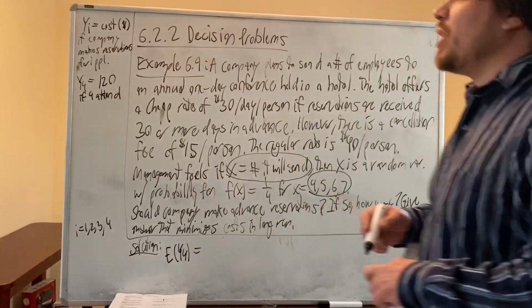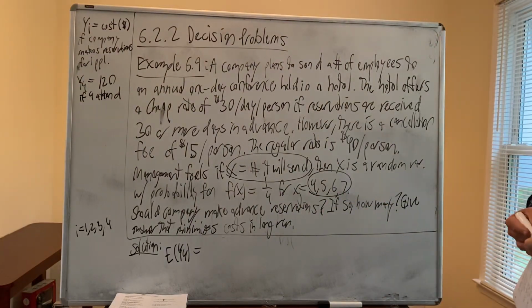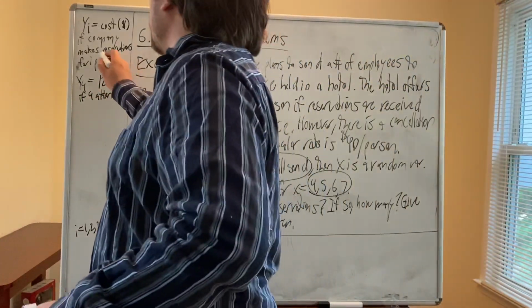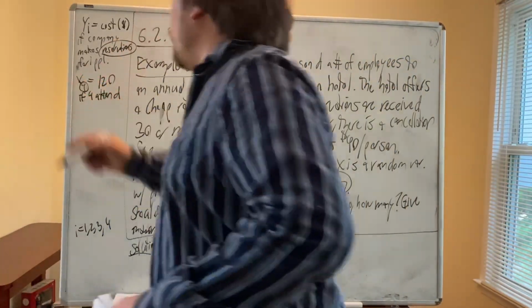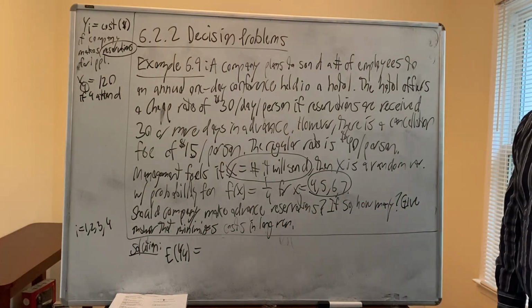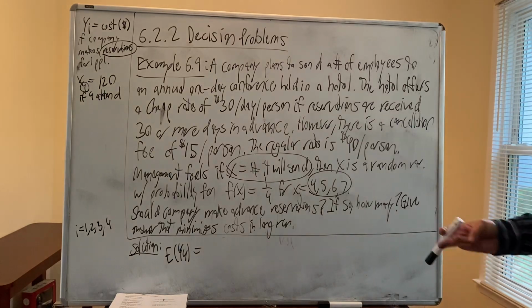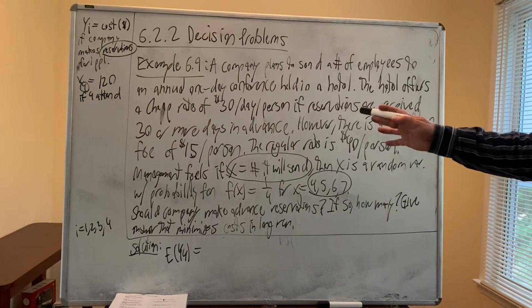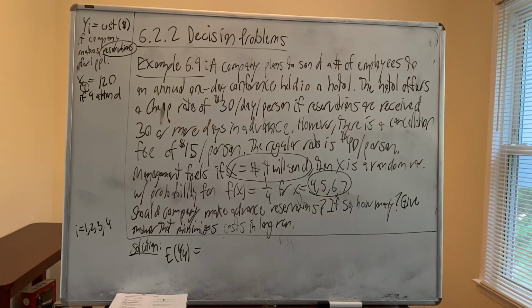So y sub 4 means the cost for the company if they make 4 reservations. The 4 is for the reservations, right? The subscript 4 in the y is the number of reservations they make. So if they make 4 reservations and 4 people attend, then they spent $30 for each of the 4 people, and it cost the company a total of $120.